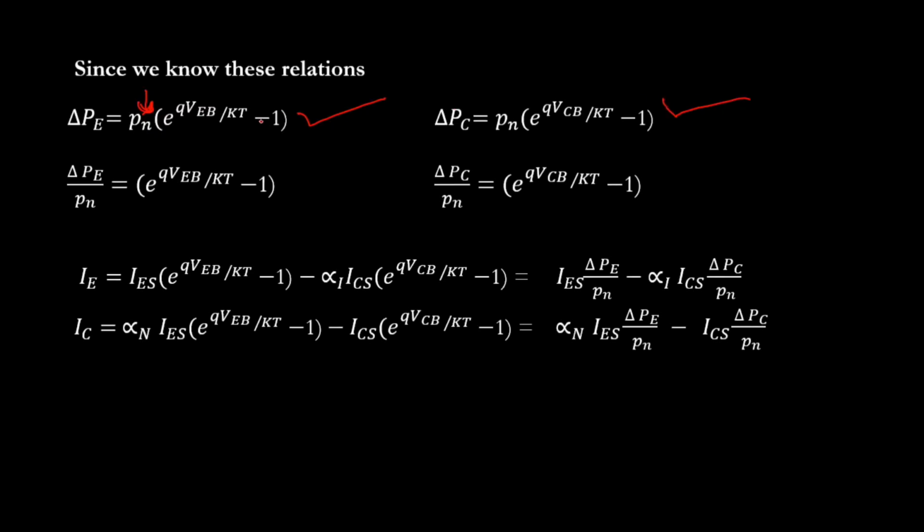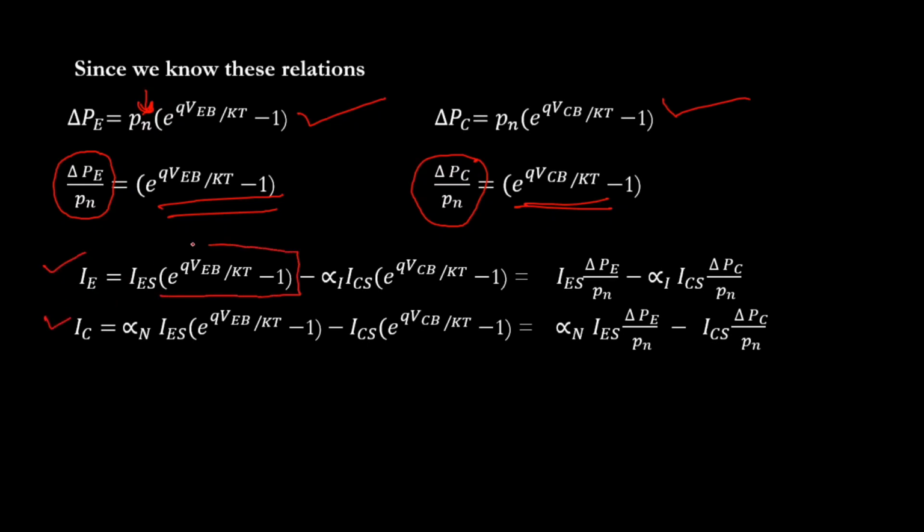From this equation I am finding delta PE by Pn, and look at this, delta PC by Pn. We have this expression before, and this is going to be replaced with this expression, and this one with that expression, for simplification.